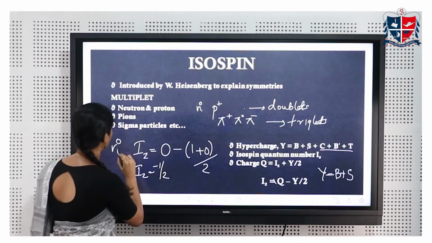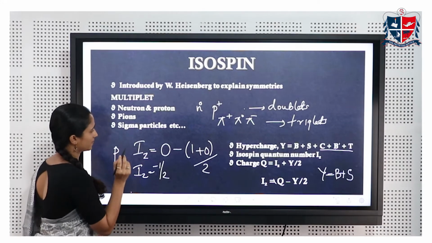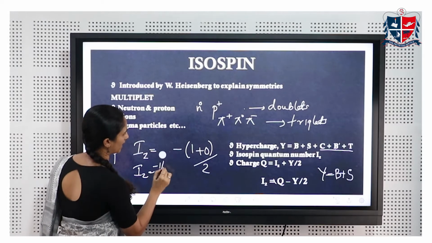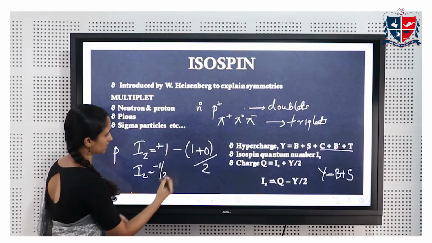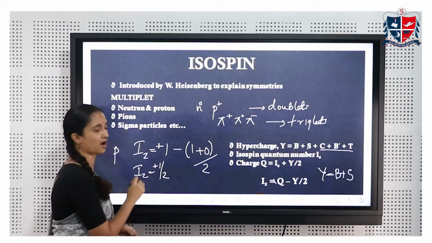Similarly, for a proton, the charge is plus 1. So instead of 0, we have the charge as plus 1, plus 1 minus half, which means the isospin quantum number for a proton is plus half.